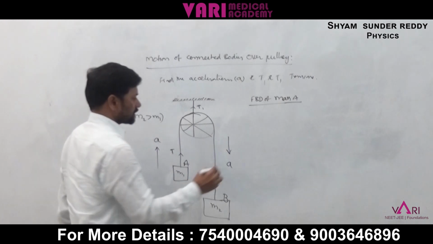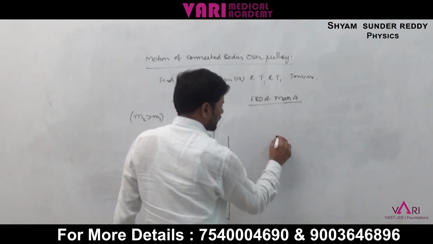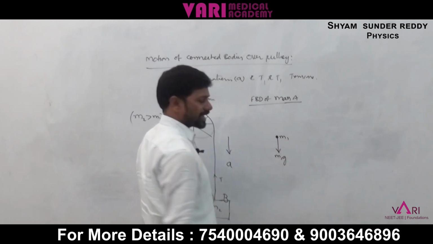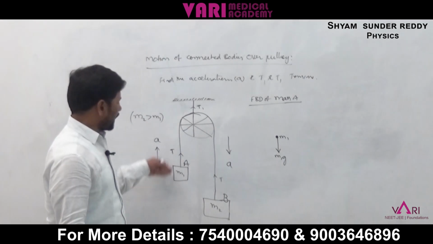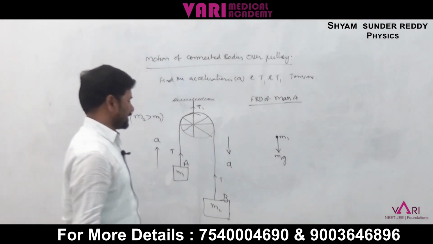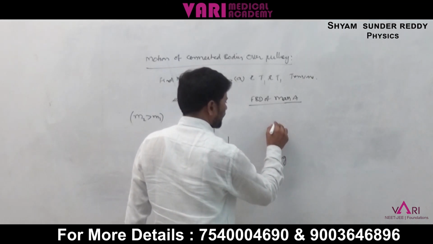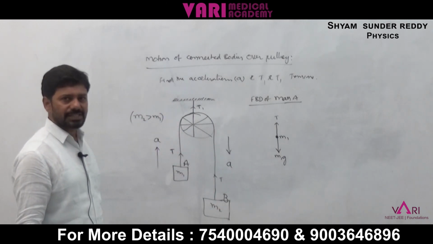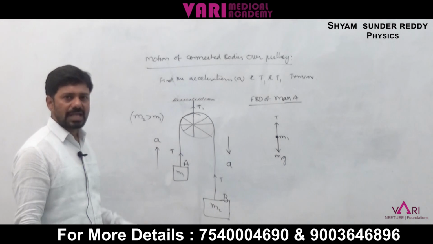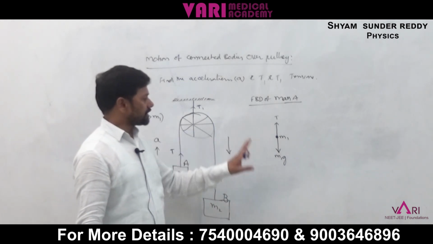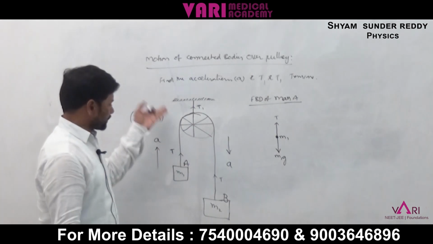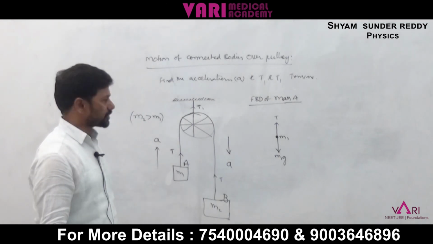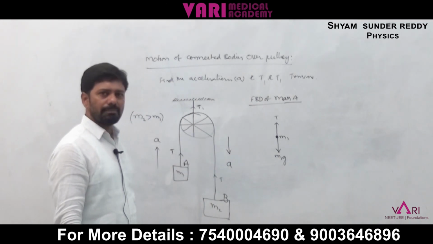Here it is point mass M1: in the downward direction acts M1g, the gravitational force, and in the upward direction tension T. These are the forces acting on the body. Based on the forces we will find the acceleration. T is the tension working in the upward direction, and M1g is the gravitational force working in the downward direction.